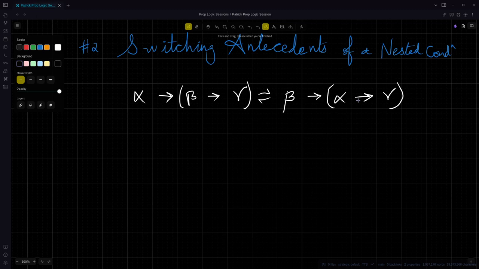Yes, please. Okay, so we have this. How would you approach the proof? I saw in the book they did exportation, but I'm not sure how they did it.